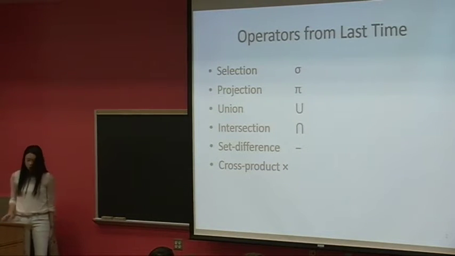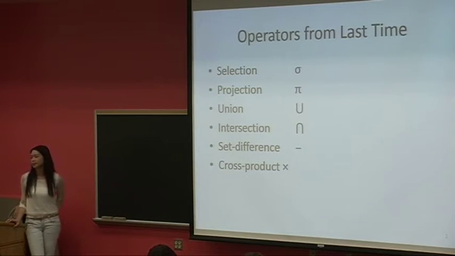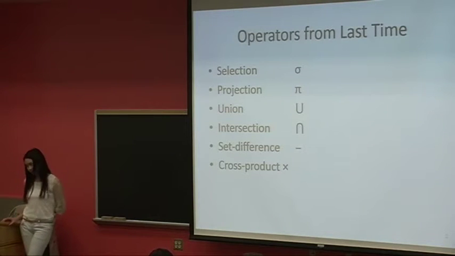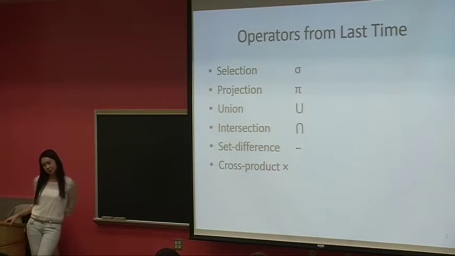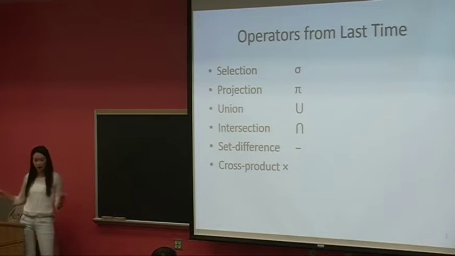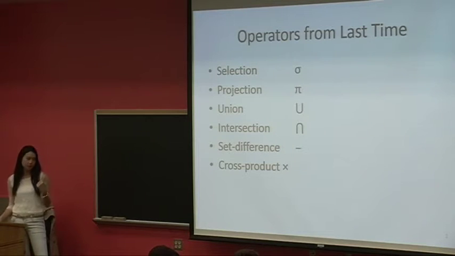So which are unary and which are binary? Selection, projection, unary. Yeah. So selection and projection are unary because they only apply on one relation. And the rest are binary, right? Because they will have one relation on the right-hand side, one relation on the left-hand side.